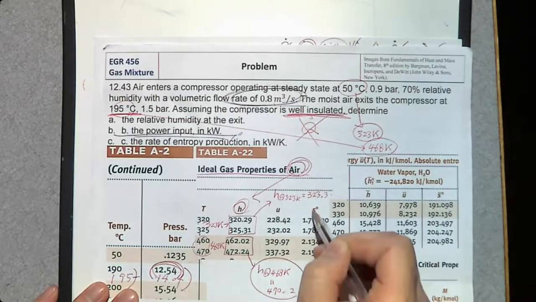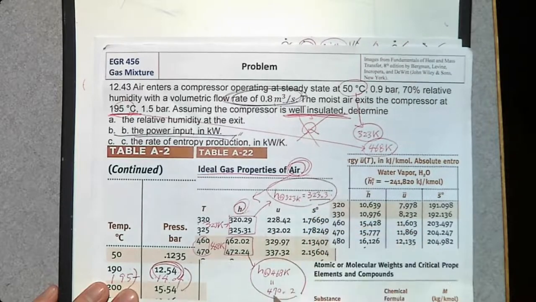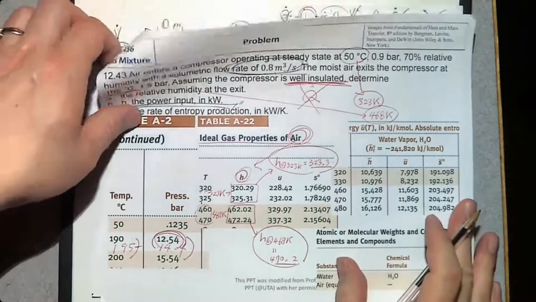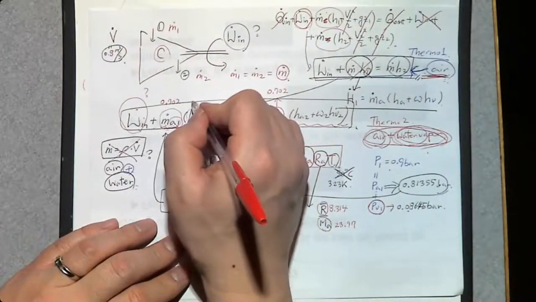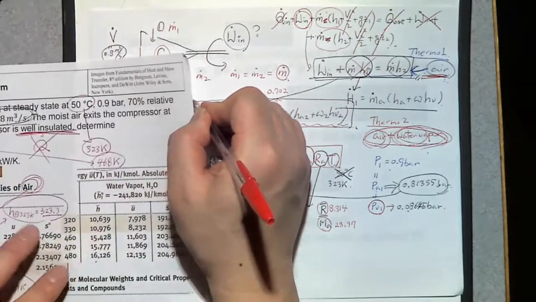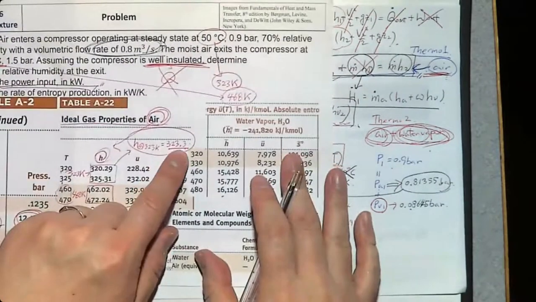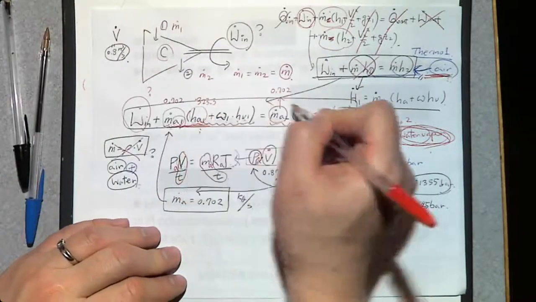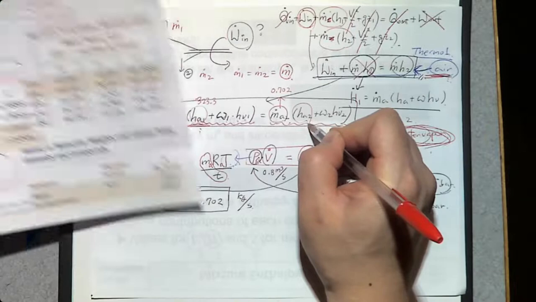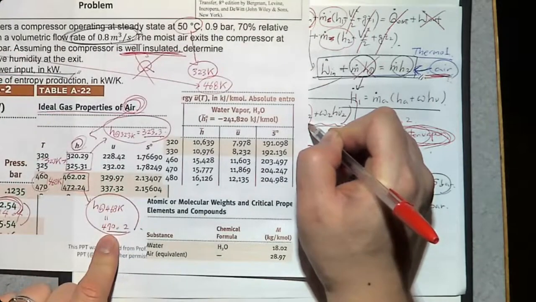By the way, you can do a linear interpolation to evaluate these two numbers. Then we can substitute these two back to this equation here. This one is going to be 323.3. What about this one? HA2 here, 470.2.